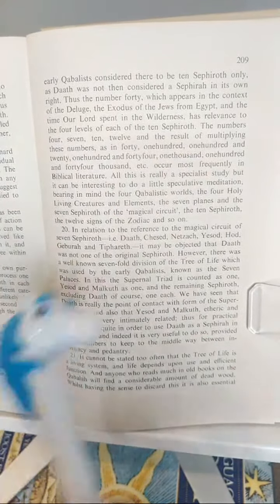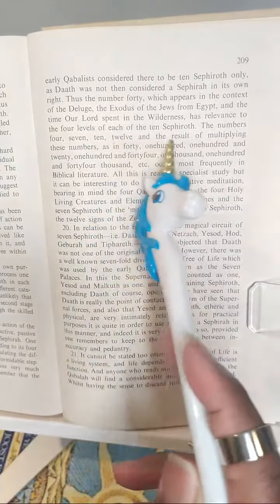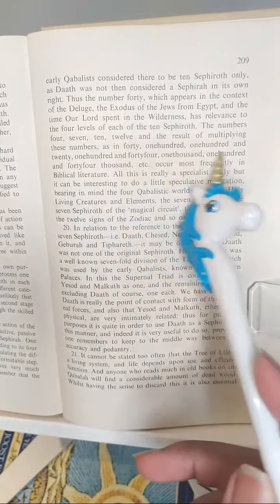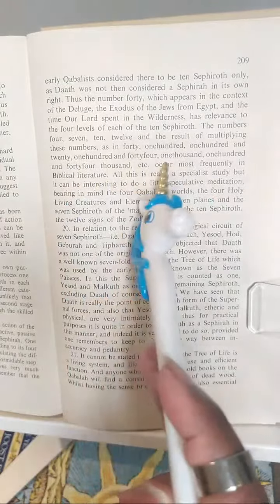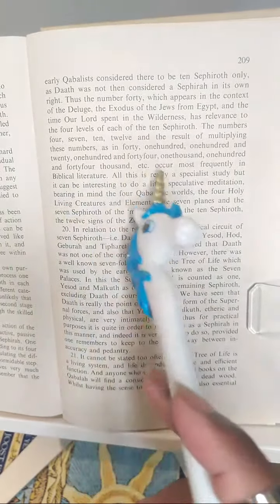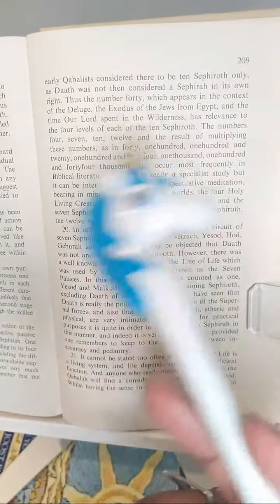The numbers 4, 7, 10, 12, and the result of multiplying those numbers, as in 40, 100, 120, 144, 144,000, etc., occur most frequently in biblical literature, right? You keep seeing those recurring numbers, right?